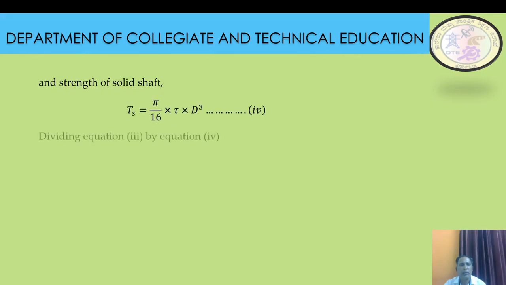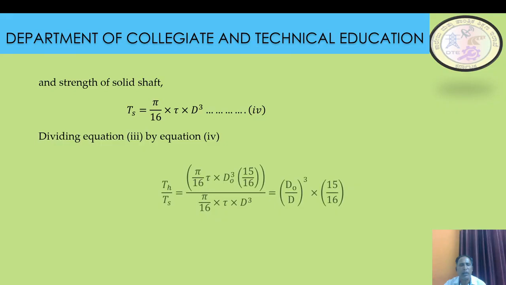So therefore dividing equation 3 by equation 4, Th by Ts is equal to pi by 16 tau into dO cube into 15 by 16, divided by pi by 16 tau into d cube. Here pi by 16 tau cancels with pi by 16 tau, and we get (dO by d) cube into 15 by 16.